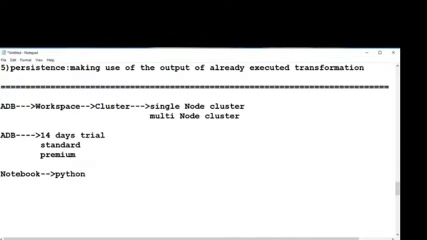It is just like a Jupyter notebook. If you have knowledge of Jupyter notebook in Python, in the same way notebooks will be there where we'll be writing the code, and that notebook will be attached to the cluster. If you have multiple clusters, it will be attached to whichever cluster you choose. And you have a lot of Databricks utilities, which will be discussed.